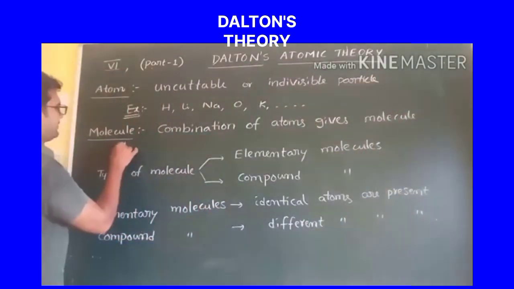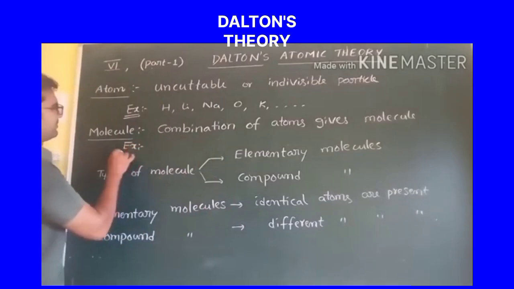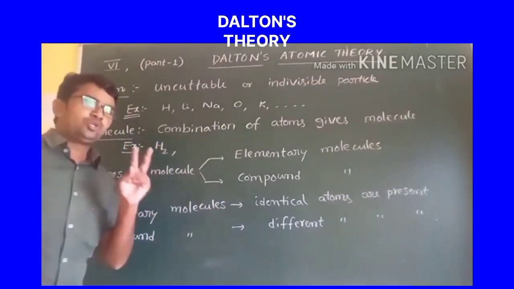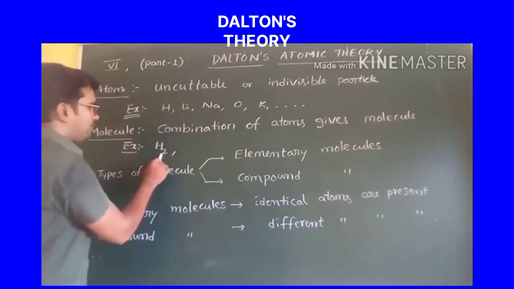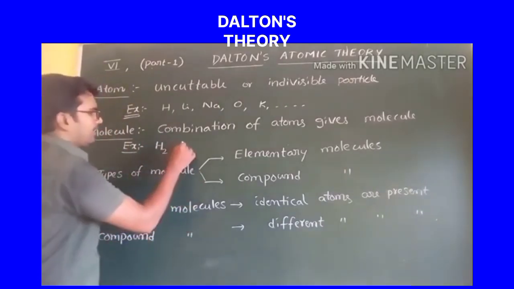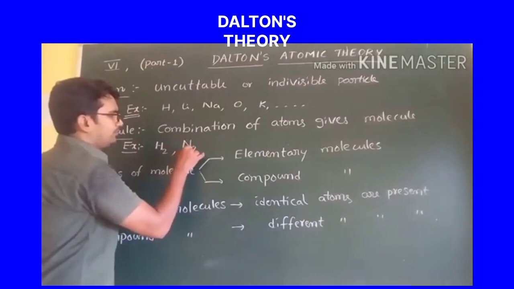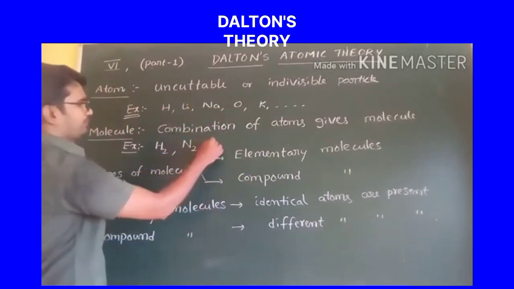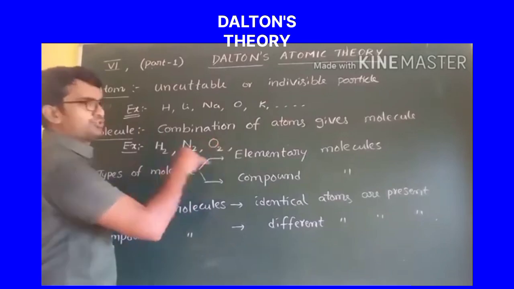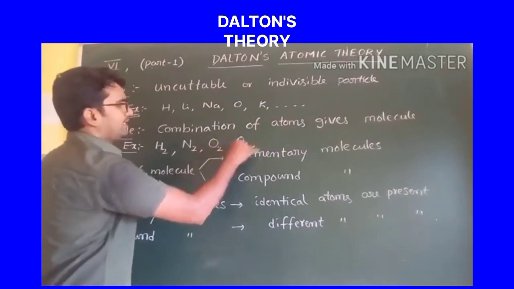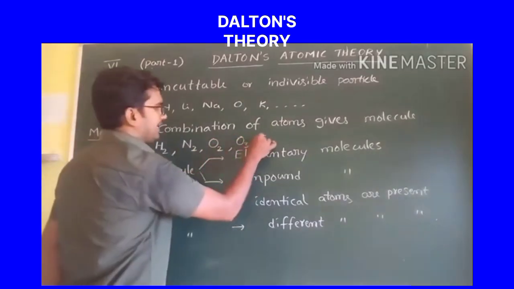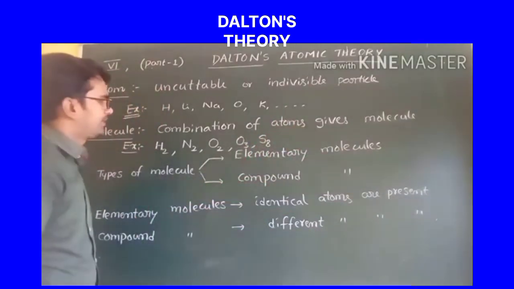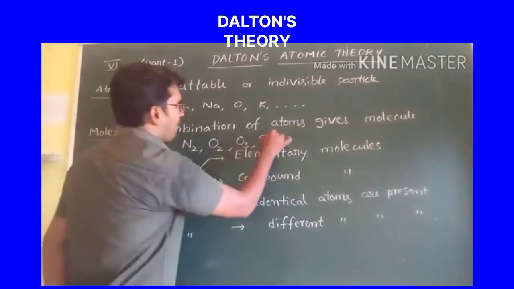Examples for this one: H2, combining two hydrogen atoms. N2, combination of two nitrogen atoms. O2, two oxygen. O3, three oxygen atoms. S8, eight sulfur atoms. These are all one category.